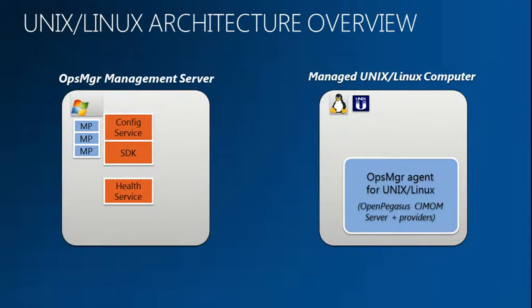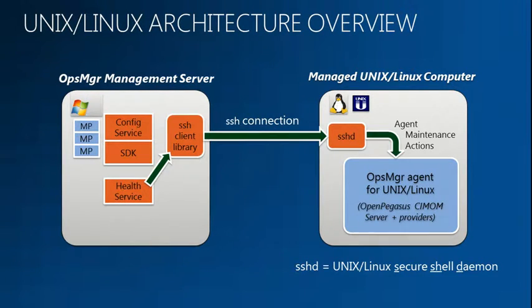So there are two protocols that we use for communication between the management server and the Unix and Linux agent. First is SSH, and the key point is SSH is only used for administering the agent. Cases where the agent is not up. That would be deploying the agent, uninstalling the agent, starting the agent if it's down, or upgrading the agent.